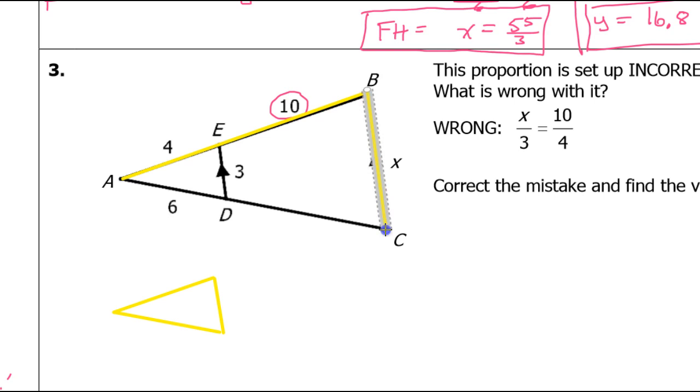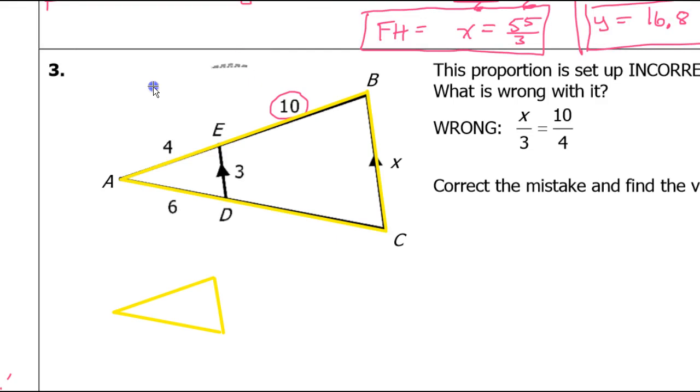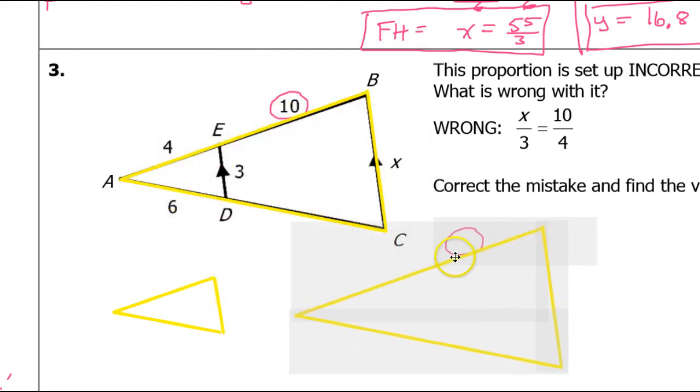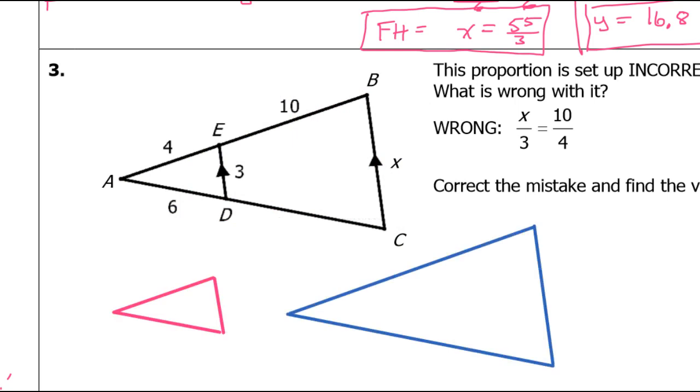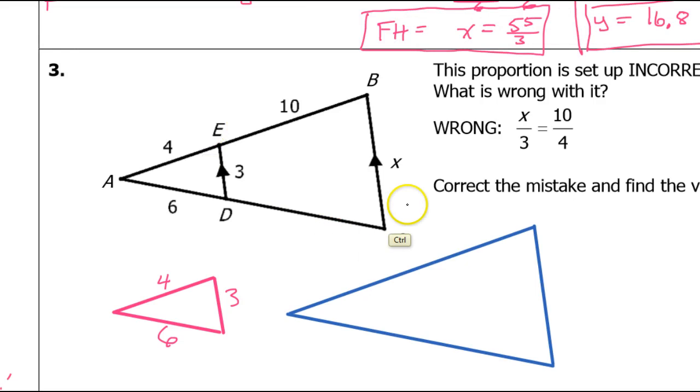Well, I guess I'll draw it first. All right, so I've got the small triangle and I've got the large triangle. Hopefully you can see that on the small triangle we have the 4 here and the 6 here and the 3 here. Now the large triangle is slightly trickier.